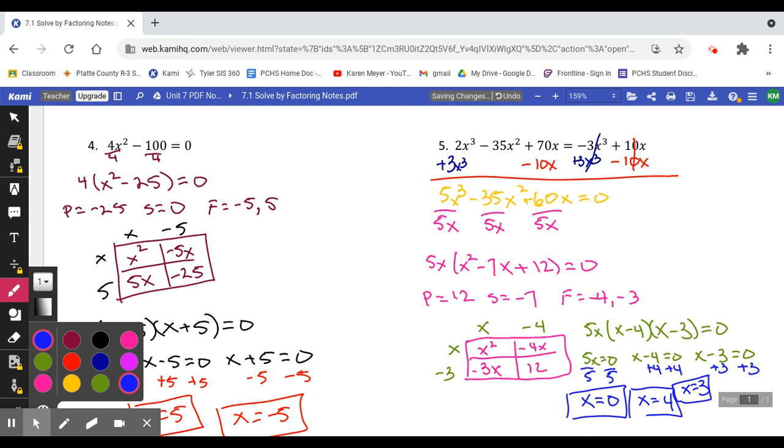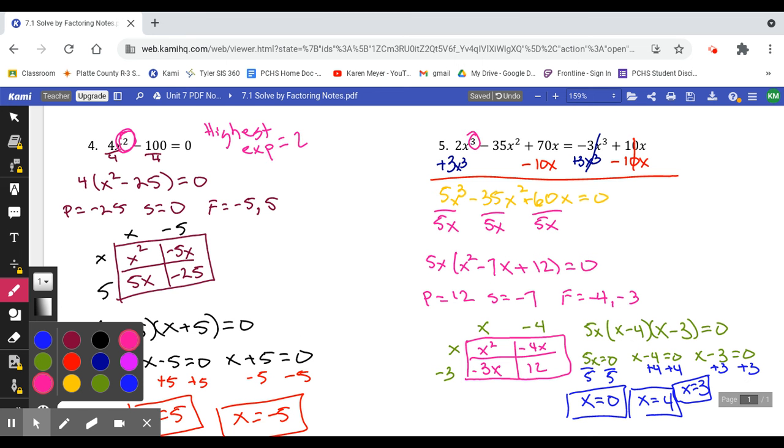Now, wait a minute. This problem has 3 answers, and all the rest of our problems only had 2 answers. So how do I know by just looking at the problem how many answers it should have? Well, let's go up here, and if you look at number 4, what was the highest exponent in the problem? The highest exponent equals 2, so we had 2 answers.